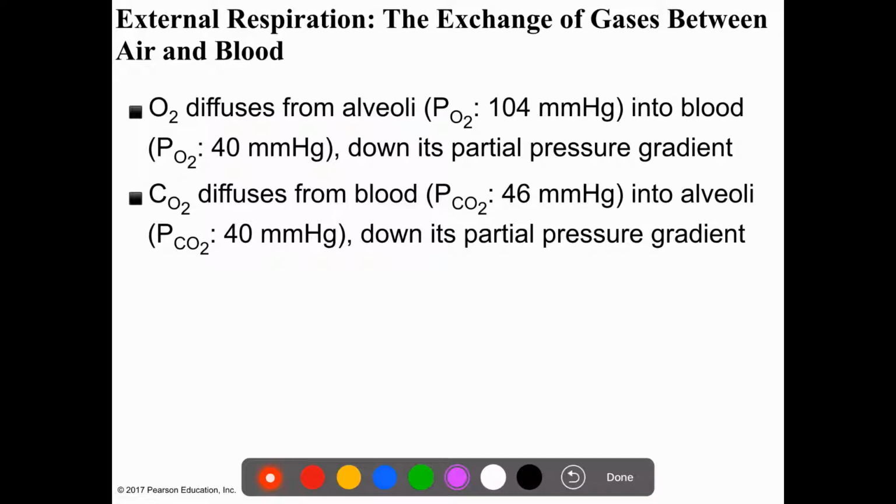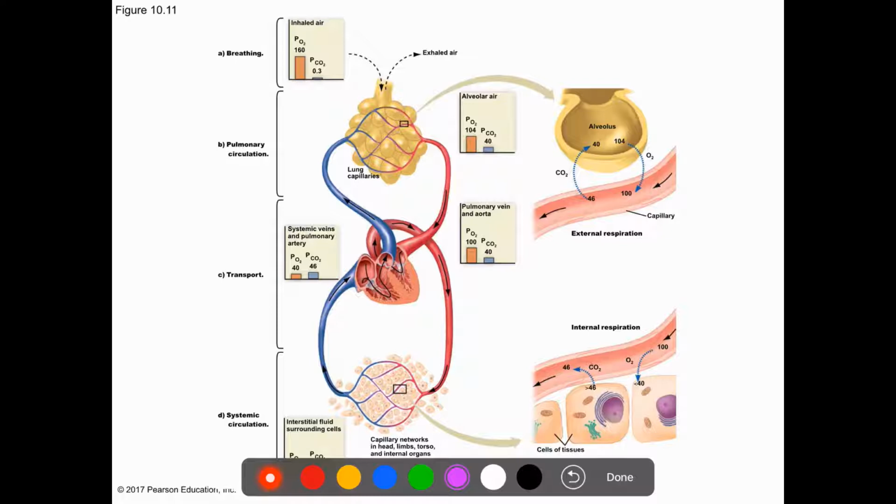Now, to understand how this is applicable to our body, let's go to this image. For oxygen, the partial pressure in the atmospheric air is the highest, whereas in our body it is low. It's 104 in our body, and it's 160 in the outer air. So the oxygen will diffuse from the area of high concentration to the area of low concentration, and that is how we are getting the oxygen inside the alveolus.